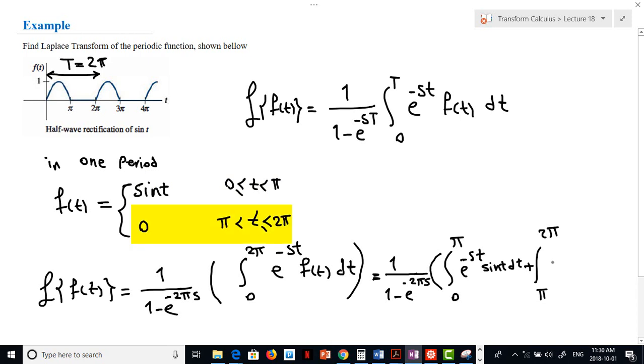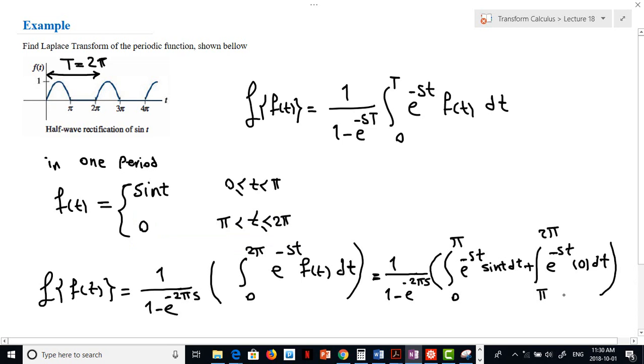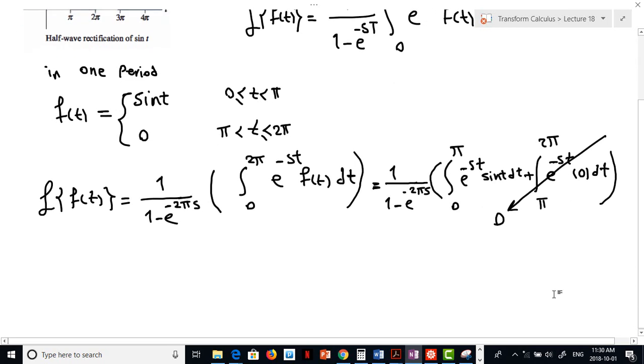When we are in the range of pi to 2 pi, we have e to the power of minus st, and f(t) is equal to 0, times dt. So this integral is equal to 0, because 0 times e to the power of minus st is equal to 0.